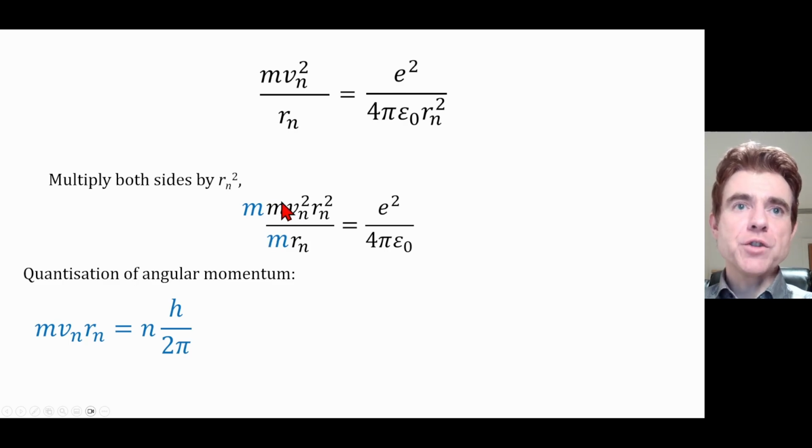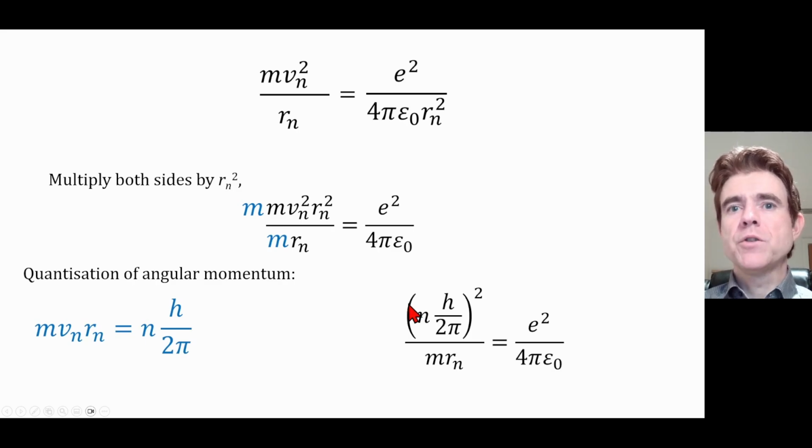The reason for that is that we can now spot an m squared, then vn squared, rn squared, which relates nicely to our quantization expression. So we can write the square of that and substitute it into the numerator on the left-hand side. So if we do that, we get this expression here.